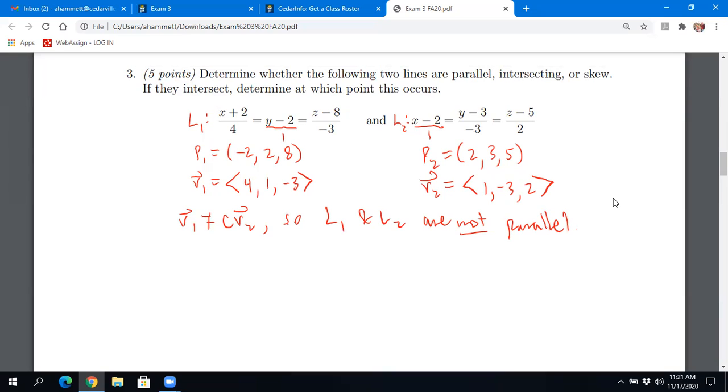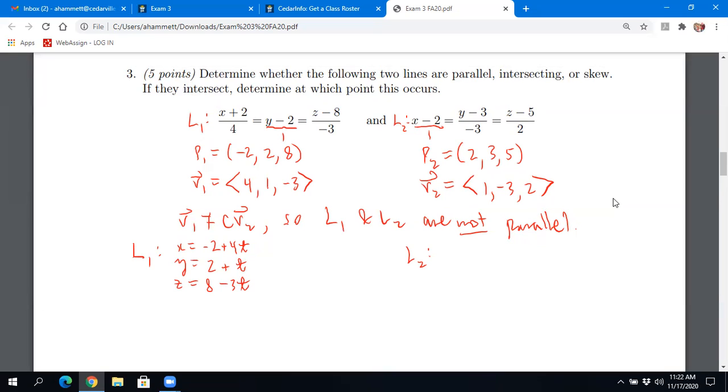Secondarily, you say, well, if I were to write the parametric equations of the first line and the second line, I can do that fairly easily at this point. So it would be x equal to -2 plus 4t, y equal to 2 plus t, and z equal to 8 minus 3t, right? So that's the parametric equations for the first line.